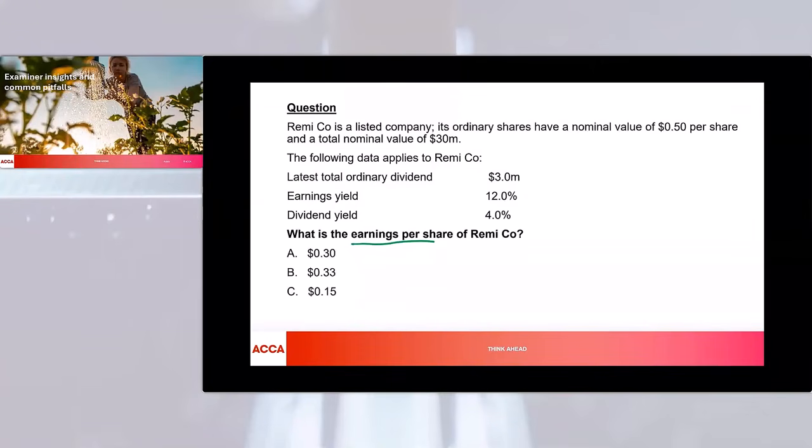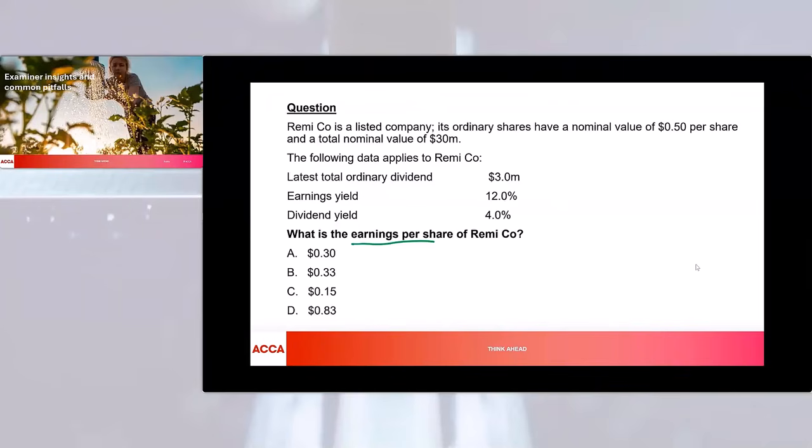We have got four options. I'm looking forward to your responses in the attendee chat. Take your calculators. The first thing you've got to do is write down the formula for earnings yield and dividend yield.